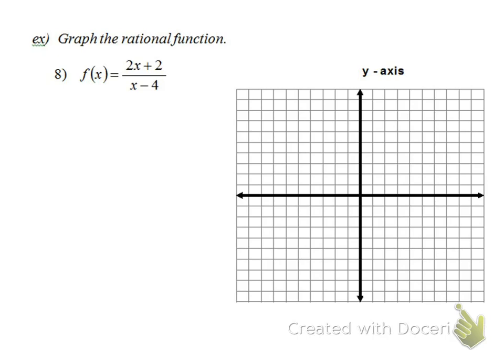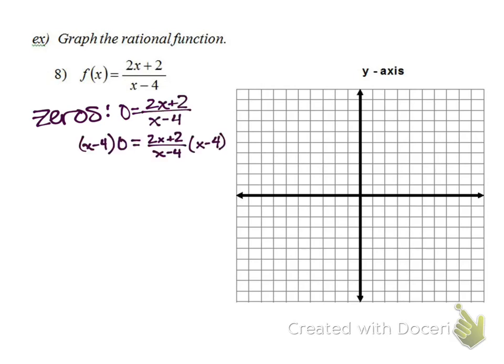So let's see how we can use all these pieces, the zeros, the vertical asymptote, the horizontal asymptote, to get an idea of where this hyperbola may exist. Zeros will be the first thing we determine. So that means you set your equation equal to 0 and solve. The left side becomes 0, and the right side just ends up being the numerator. So we get one nice point on the graph.